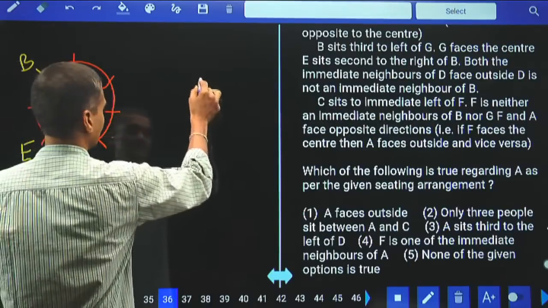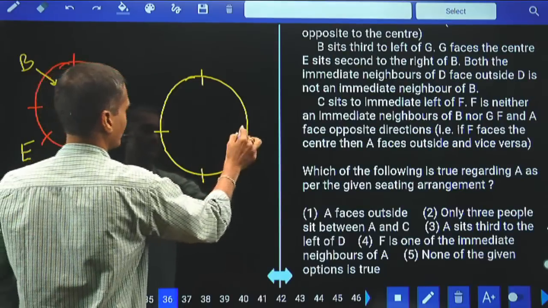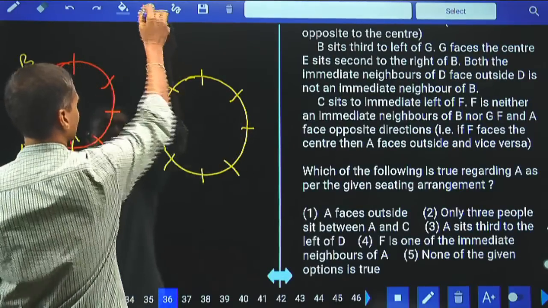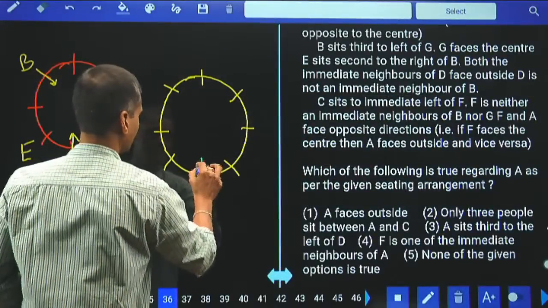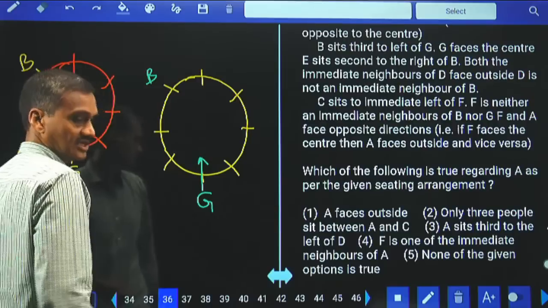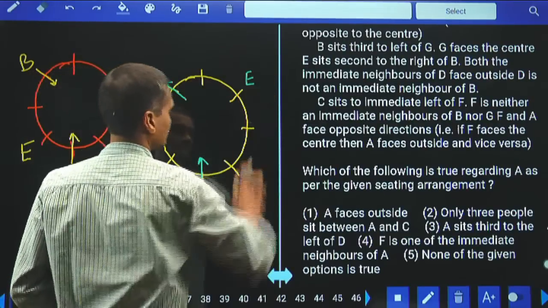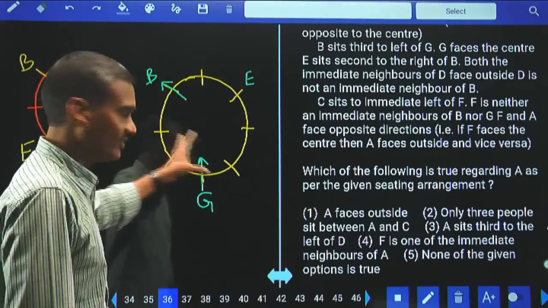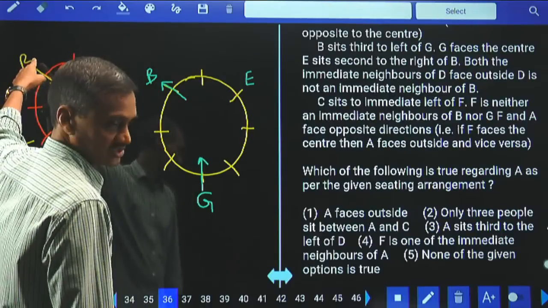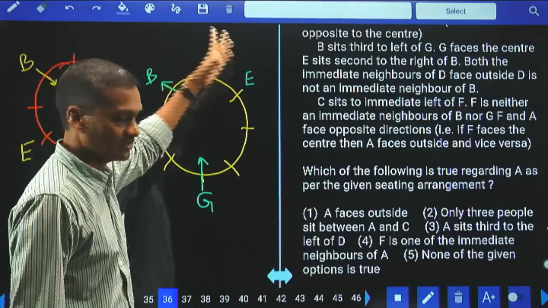The second possibility: because the direction of B is not given, if B is away from the center, then E will be here. Check whether the conditions are valid in both these 2 diagrams or not. G is facing the center, B sits third to the left of G; B facing the center, E will be second right; B away from the center, E will be second right.